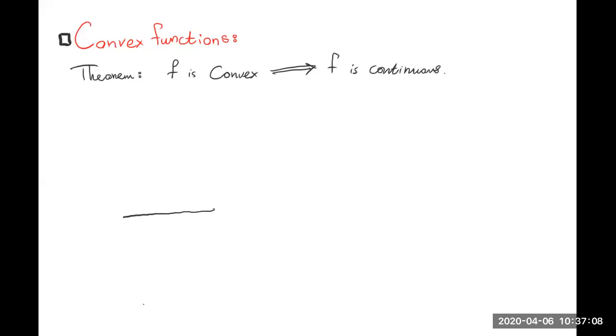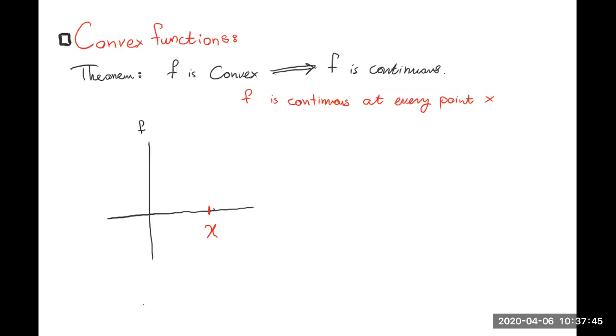So suppose this is the function f. I want to draw the graph of f. Just before doing that, suppose I take any point x. In order to show f is continuous, I should show f is continuous at every point x.